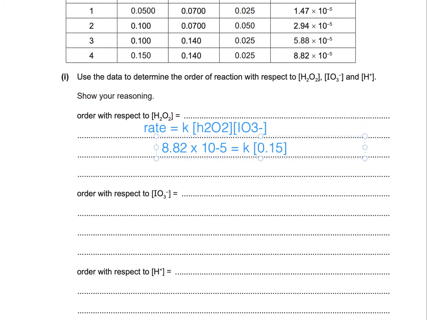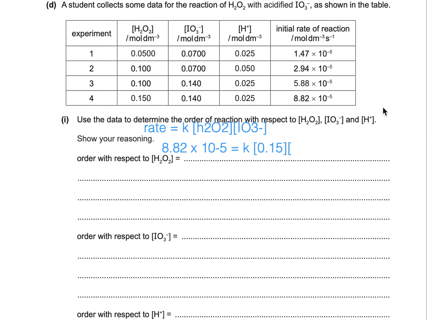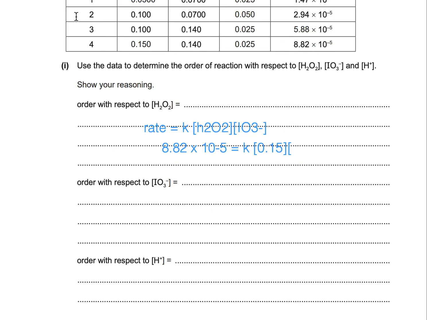Then we write the concentration for IO3 minus. They're both first order reactions, and the concentration for IO3 is 0.14, bracket close.